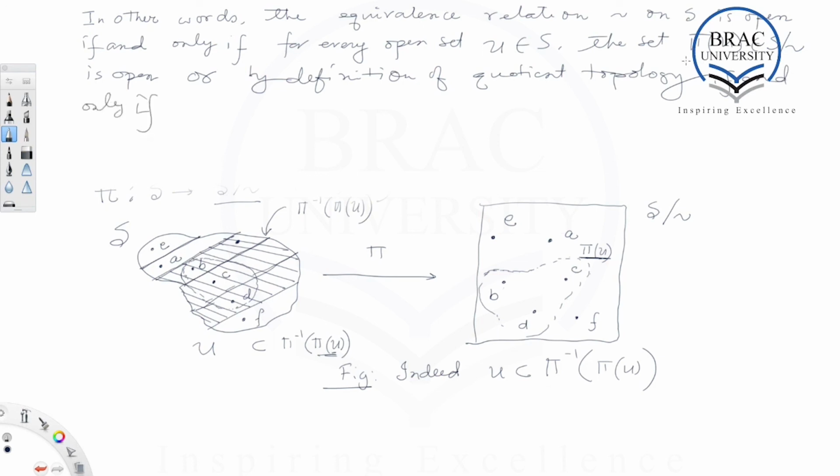So when is this guy open in this quotient space? If and only if the pre-image of this guy is open.